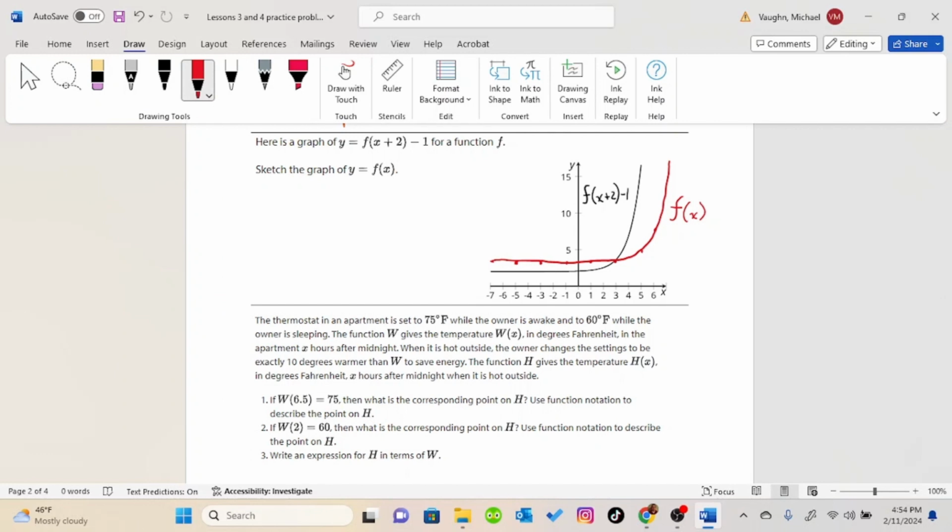Now you could see that if the red graph we drew was the original, then the one they drew has been shifted left by 2 and down by 1.